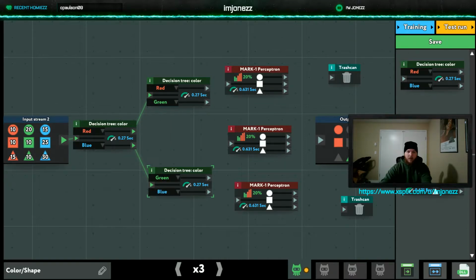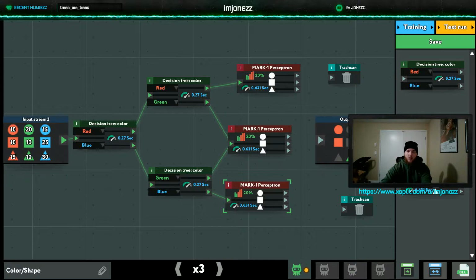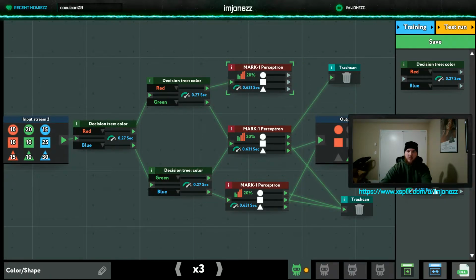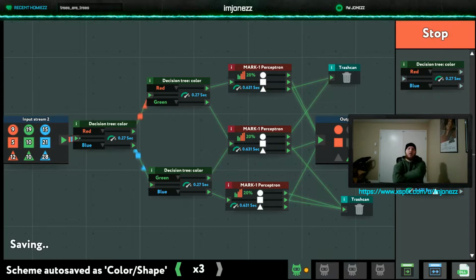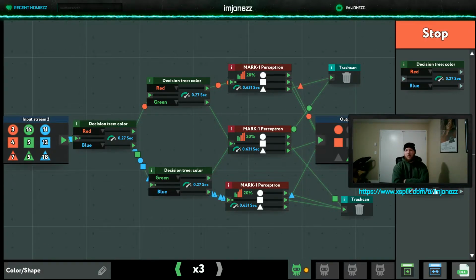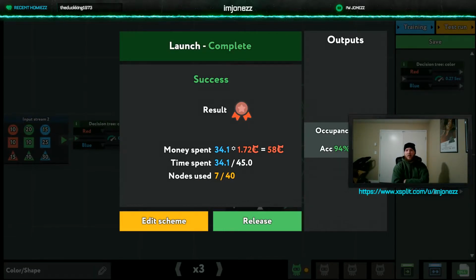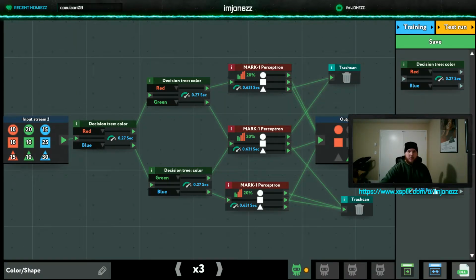So green here. Here we want blue triangles, nothing else. Green triangles, nothing else. Red we want squares and circles, but not triangles. Let's test on this. We should get around 80% accuracy. Wait, it did not go fast enough. 34.1 seconds. It should be able to do this in only 8 seconds.